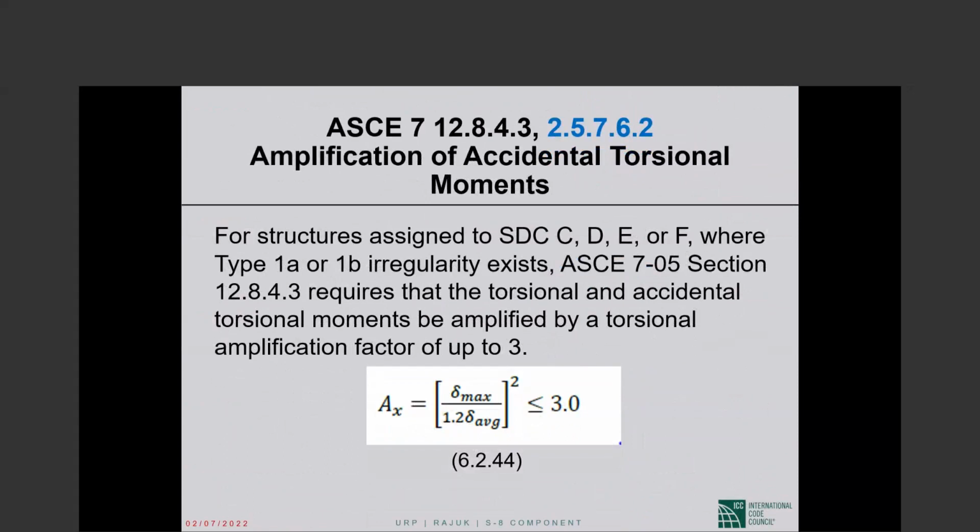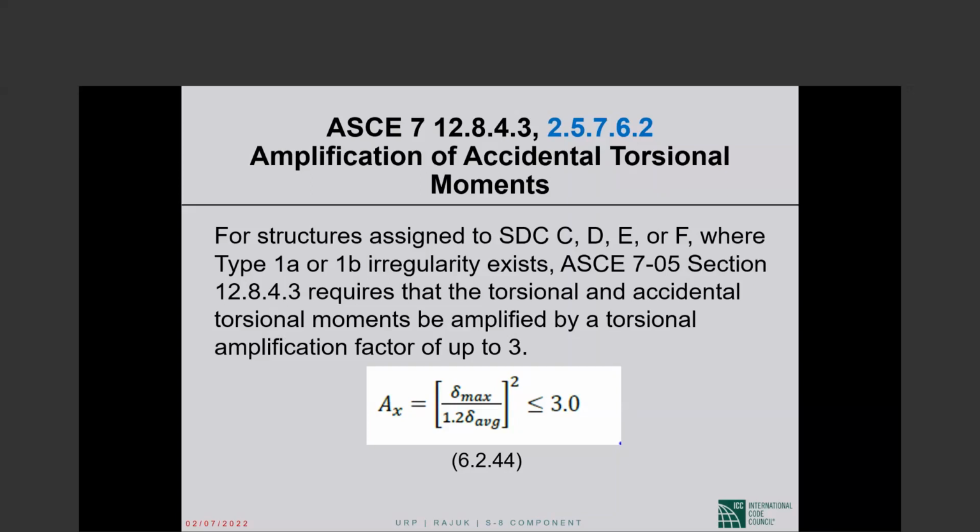For structures assigned to design category C, D, E, F, where type 1A or 1B irregularity exists, that's torsional and extreme torsional, ASCE 7-05 section such and such requires that the torsional and accidental torsional moments be amplified by a torsional amplification factor that can be up to 3.